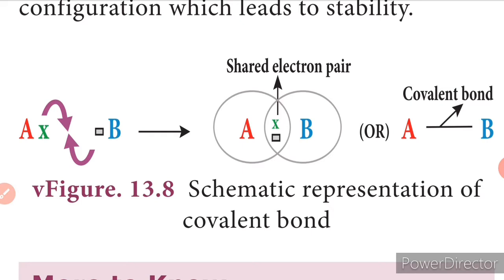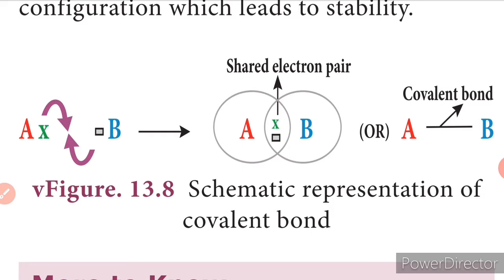When atoms form a covalent bond between them, each atom that is contributing an electron will attain a stable electronic configuration. Yes or no, children? Yes. Since the bond is formed because of the sharing of electrons, the electron pair that is shared becomes common to both the atoms, and this covalent bond is also called an atomic bond.